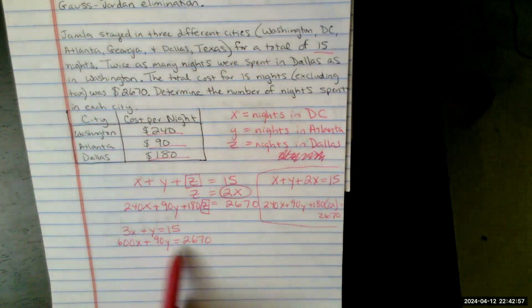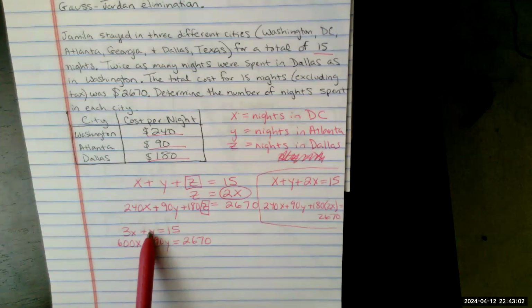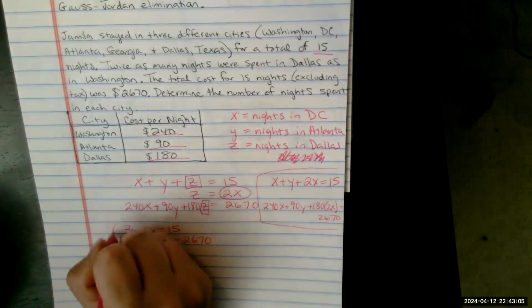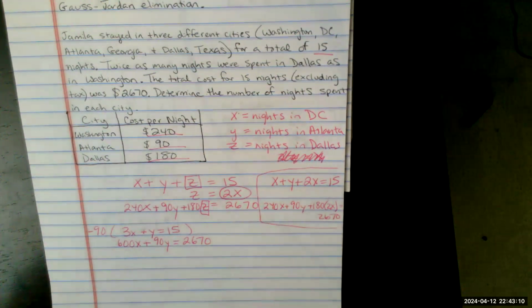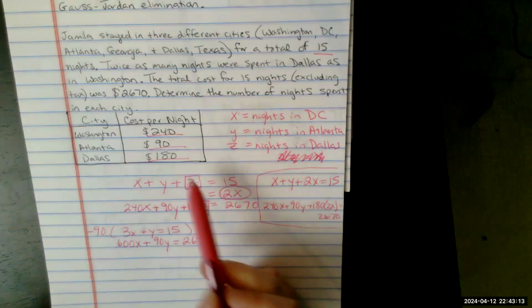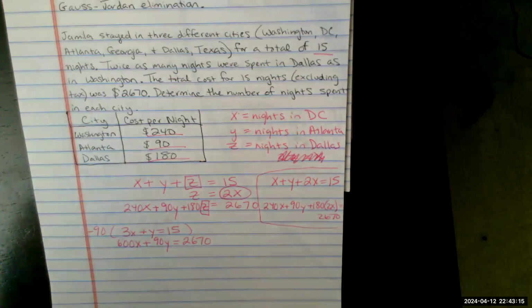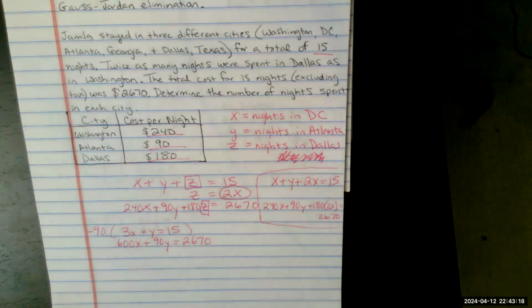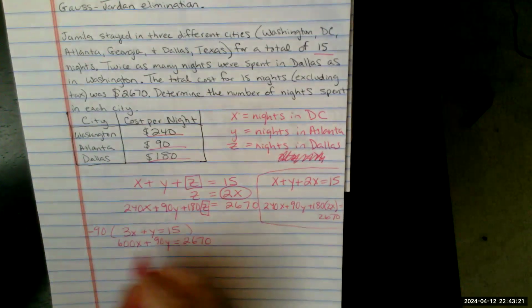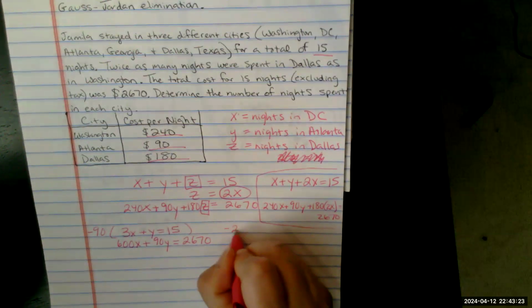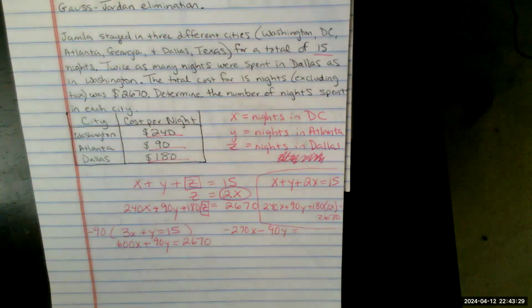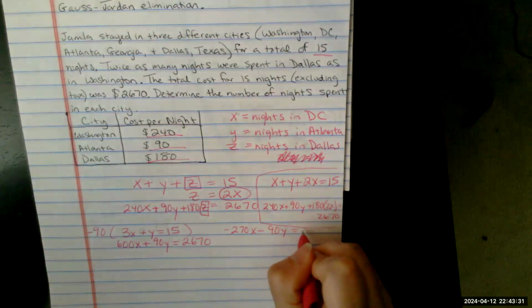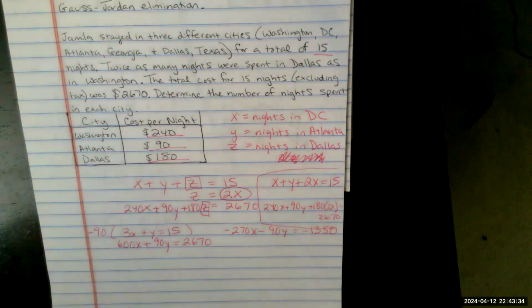Okay, and at this point, I would now choose elimination. Because if I have a 90 here, I can easily get a negative 90 up top. So I'm going to multiply the whole top by negative 90. If you like the new matrix methods, you can go ahead and do that here. But if you're doing this at home, this one is one where I wouldn't blame you for using another method. So the top line becomes negative 270x minus 90y equals negative 1350.